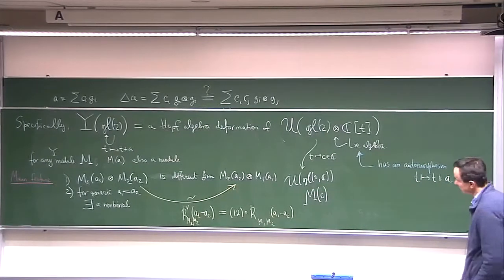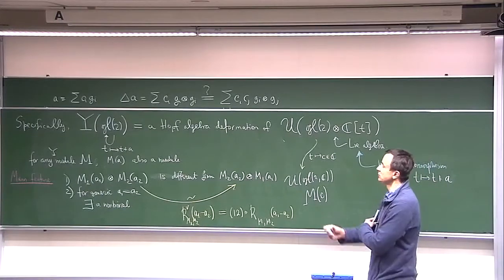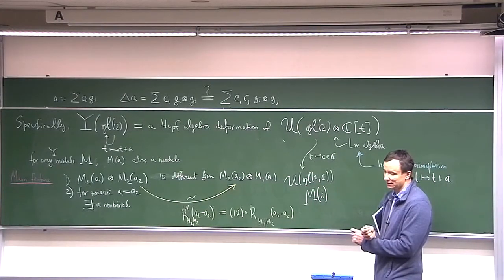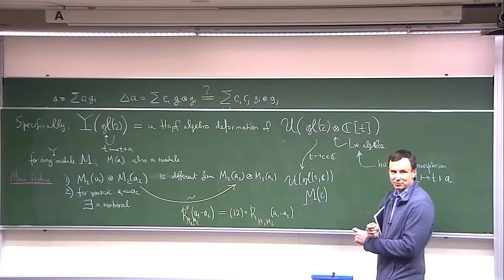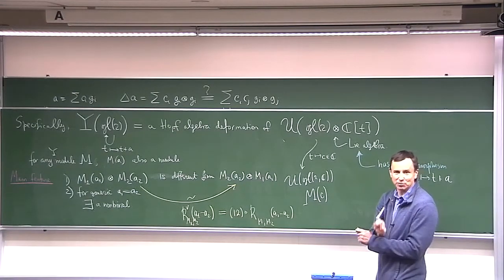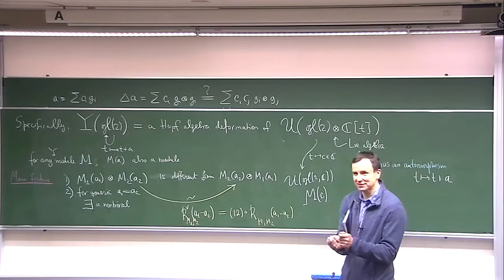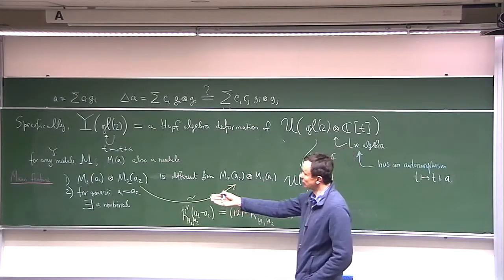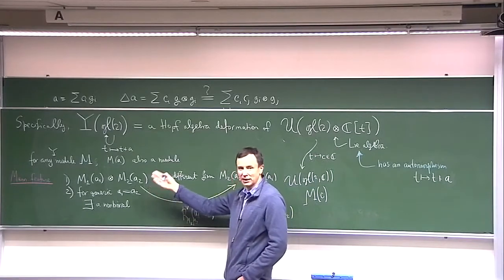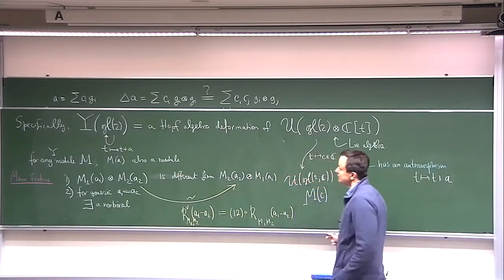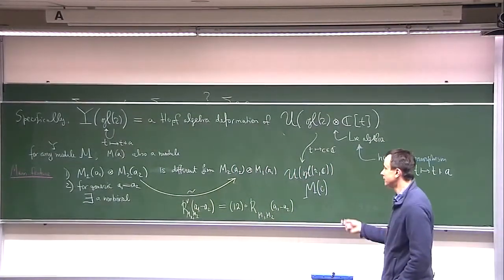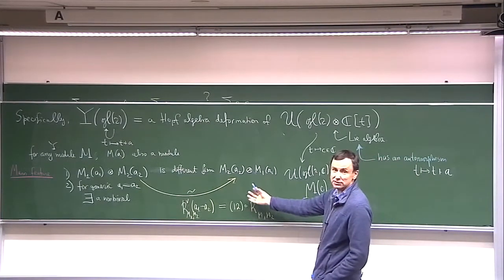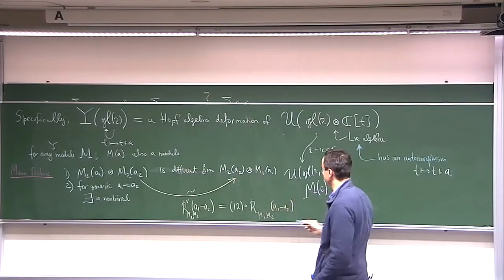There are two ways to define this. You can either multiply in the opposite order, or you can use the opposite coproduct to make the algebra act in the same order. So the R matrix is an operator where you take the same order but the opposite coproduct. This is not one, but this is a morphism for generic a1 minus a2.